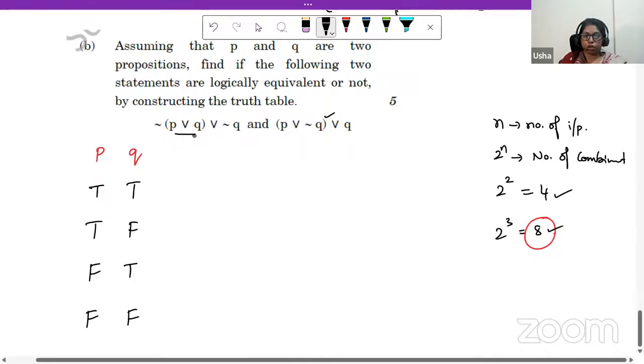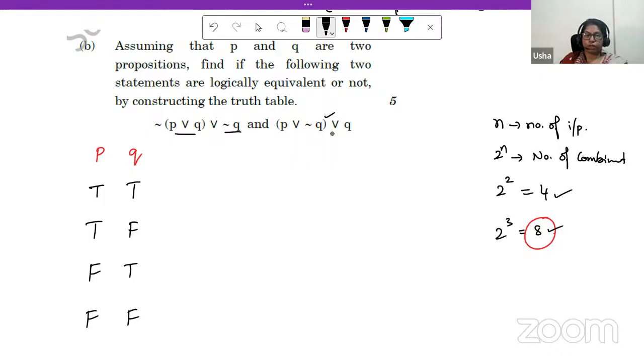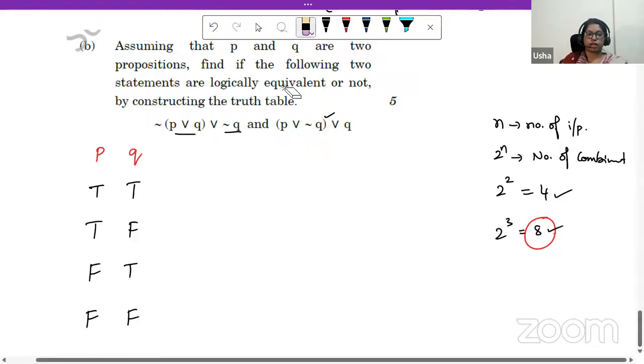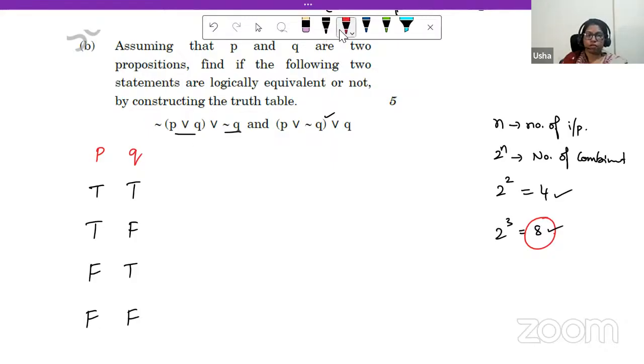First we need P or Q and then we need to negate it. We need not Q, and not P is not required. First I'll write P. Order in which you write doesn't matter. First I'll write P or Q, then I will negate it. Not (P or Q).